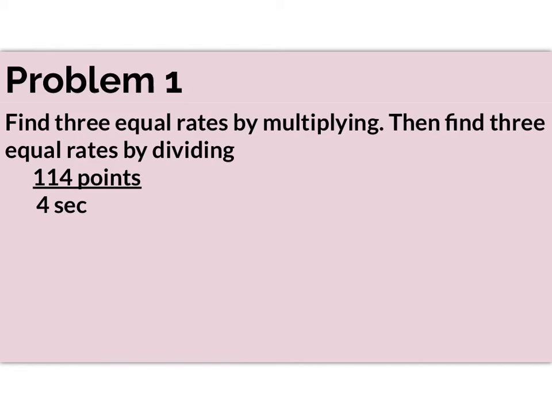Okay, 114 points in 4 seconds. So divide by 4. 4 goes in 11 2 times. 2 times 4 is 8. 11 minus 8 is 3. Bring down a 4. 8 times 4 is 32.